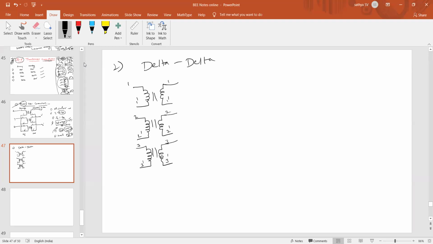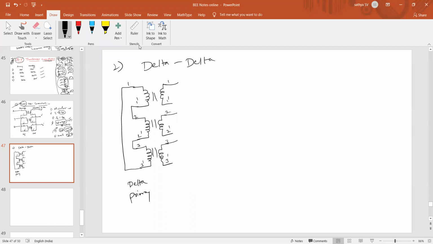Now tell me how I can form the delta connection on the primary side. Back to back connection. The second end of the first coil is connected to the first end of the second coil. The second end of the second coil is connected to the first end of the third coil. The second end of the third coil is connected to the first end of the first coil.